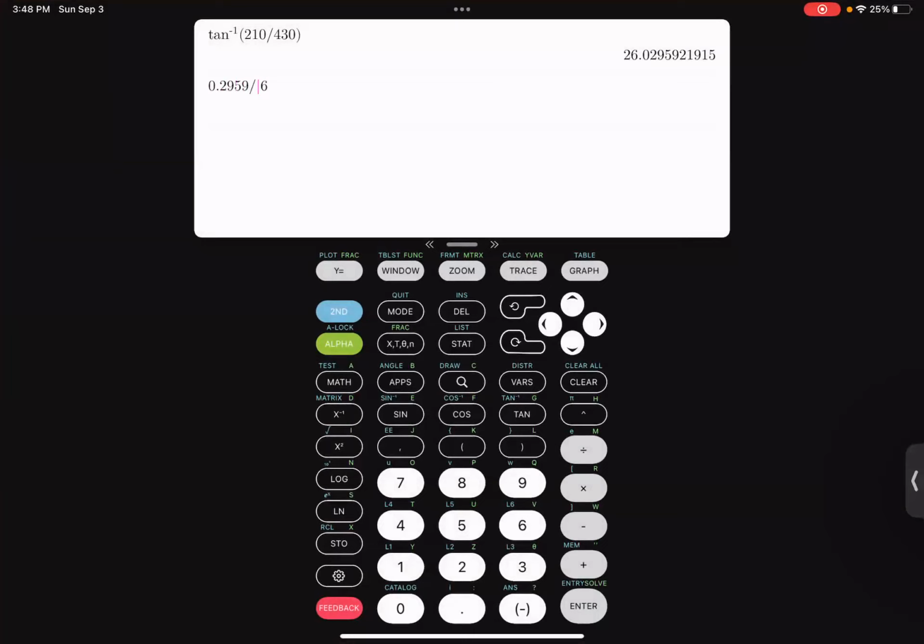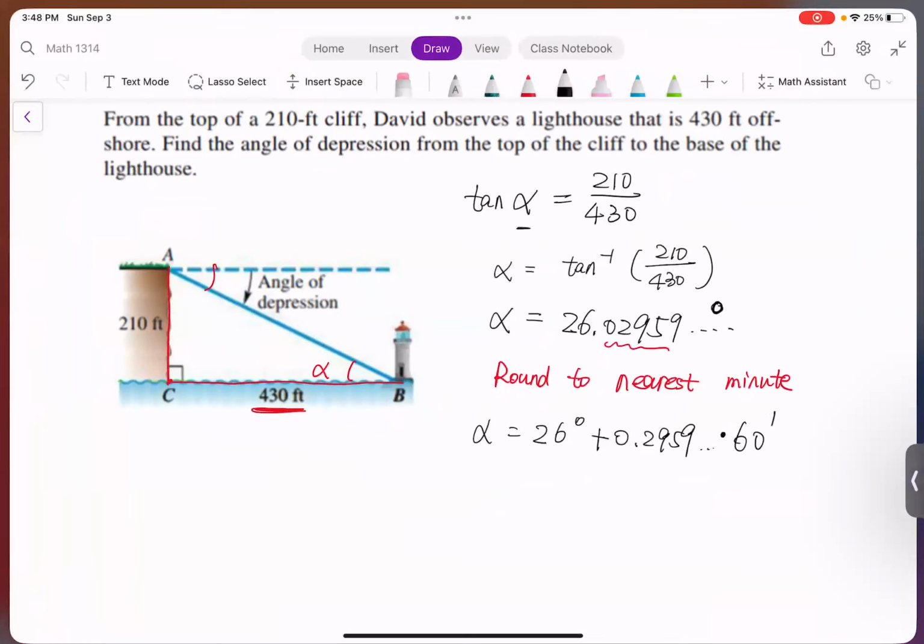Oh, I divided by 60 times 60. Hit enter. I have 17.754. Do I make a correct expression?